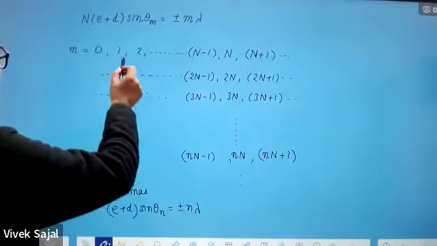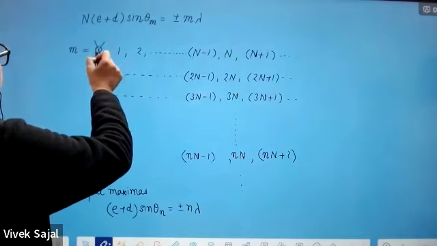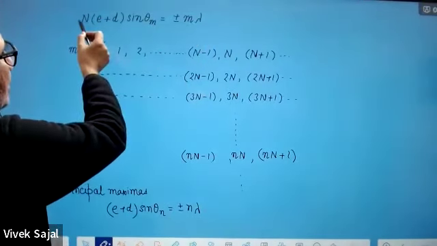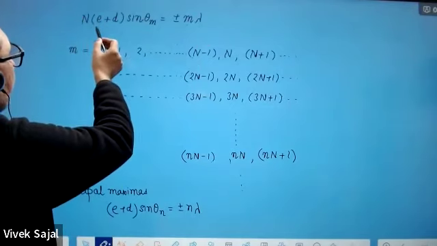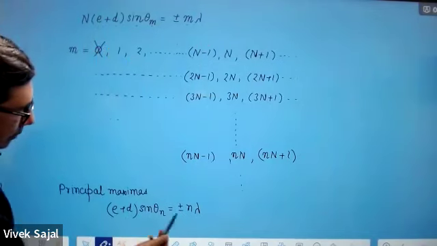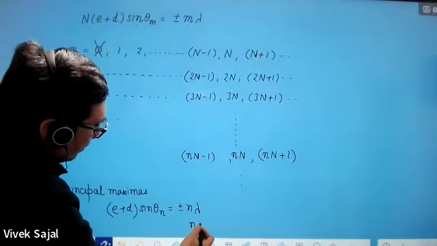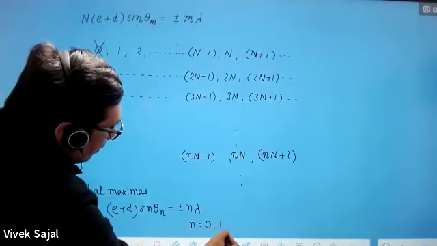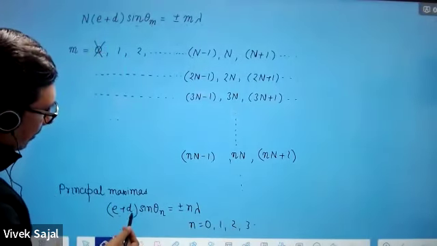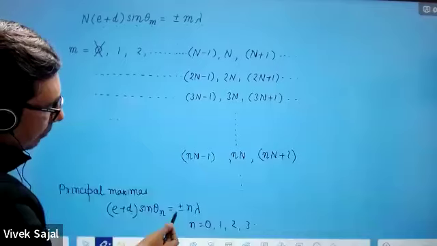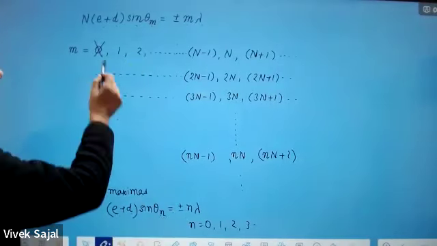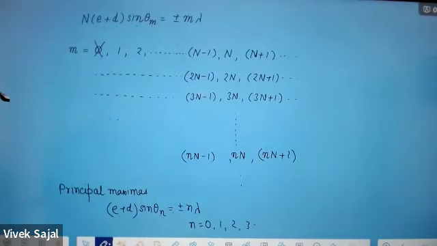If you look at 0, this 0 is not possible. If you write 0 here, then there is no meaning of this n. This equation will be (e plus d) sine theta equal to 0, which is the first equation of principal maxima, so this 0 is not possible.